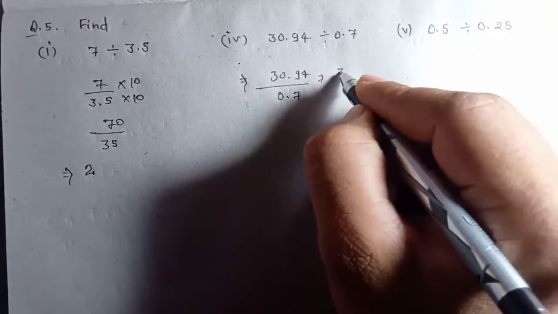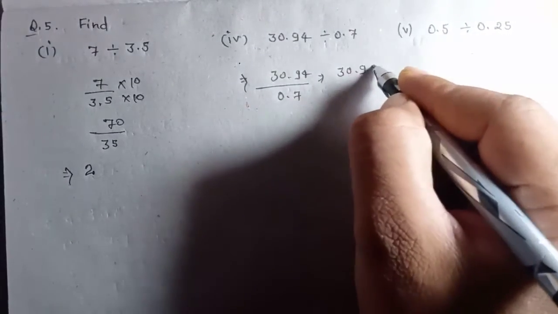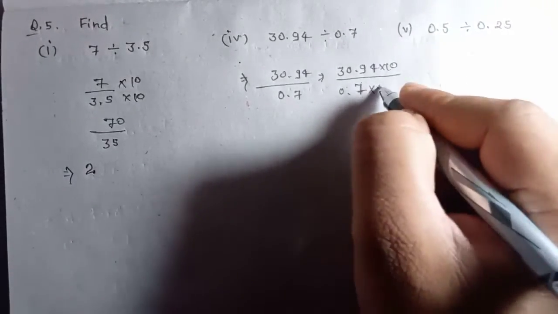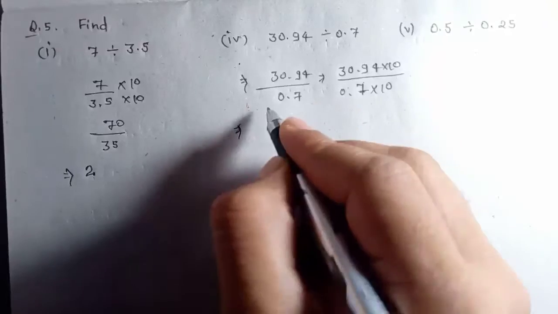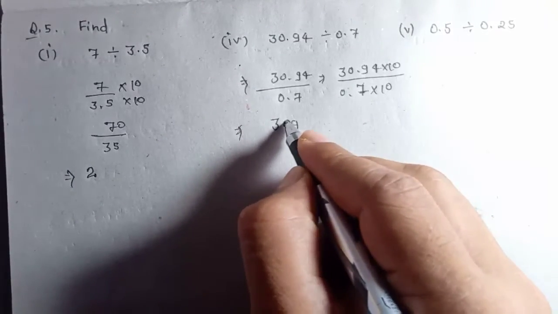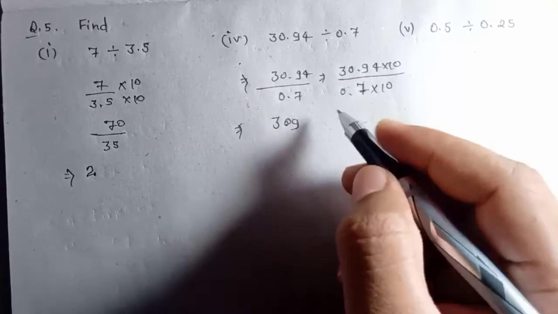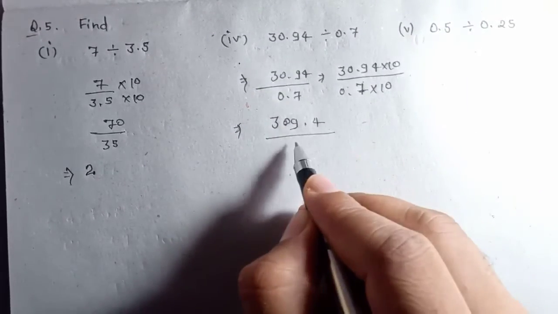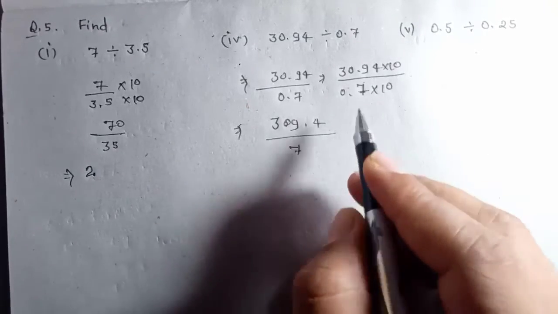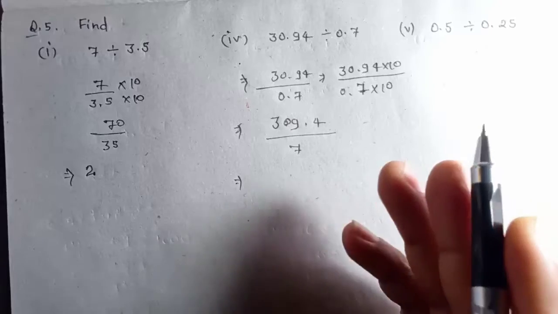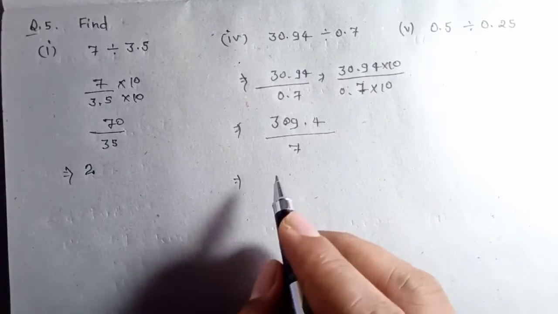So you will get 30.94 into 10 upon 0.7 into 10, and this will result 309.4 upon 7. And when you solve this thing, you will get what? Go and separately solve this question, you will get your result.